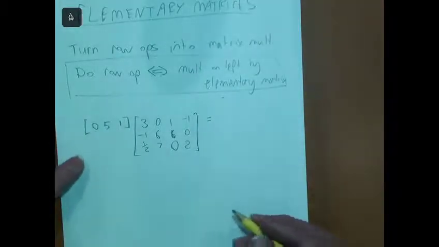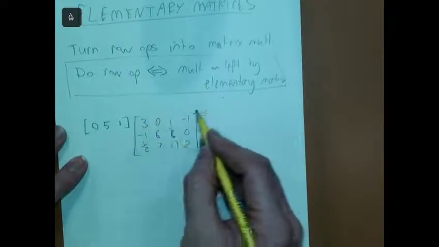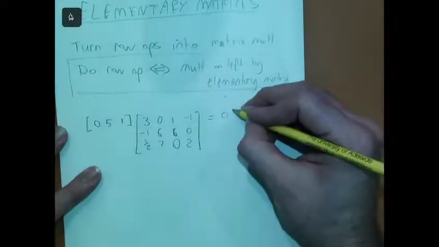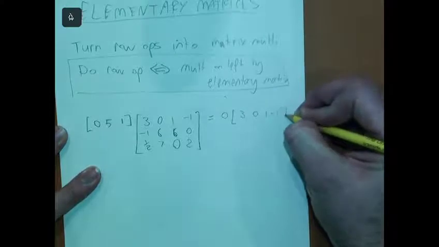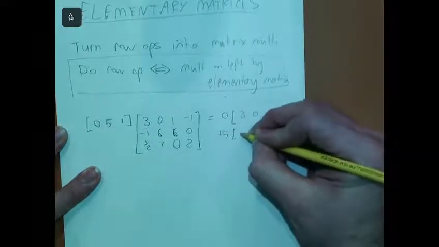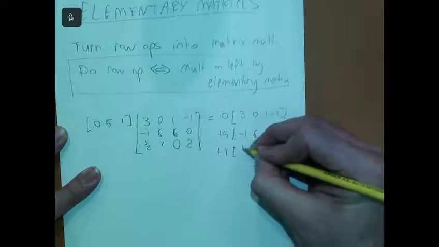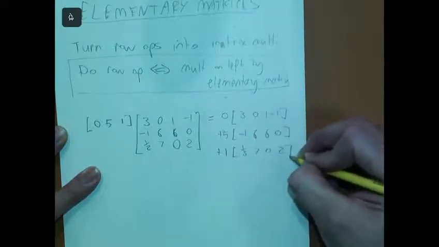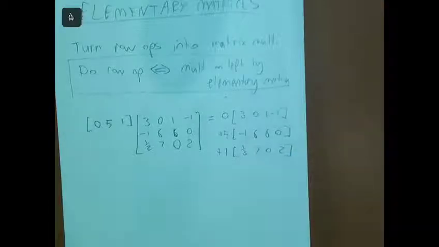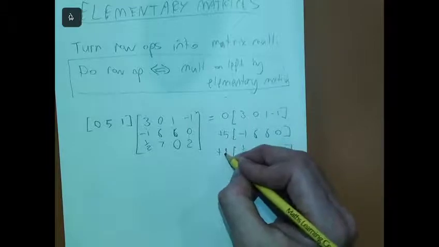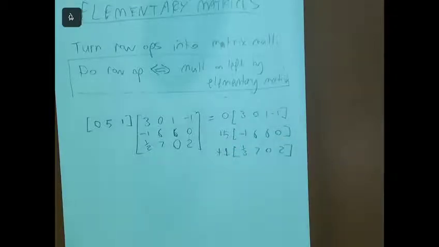So what's going to happen is I'm going to get 0 of this whole first row and 5 of this whole second row and 1 of this whole third row. That's what multiplying a matrix by a row does. It does a linear combination of the rows of the matrix. And which entry here tells you which row is being multiplied by which number.